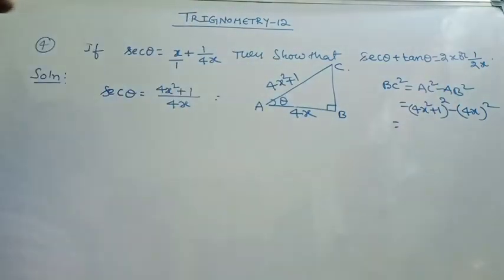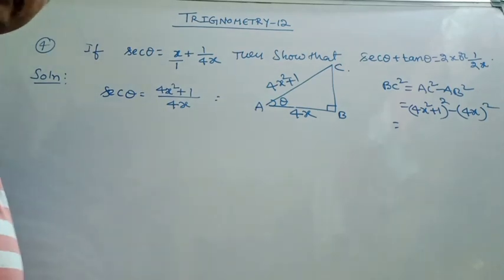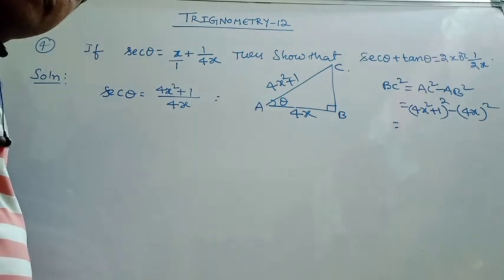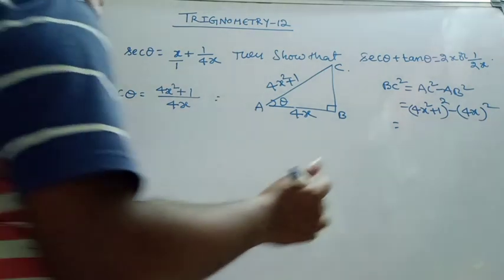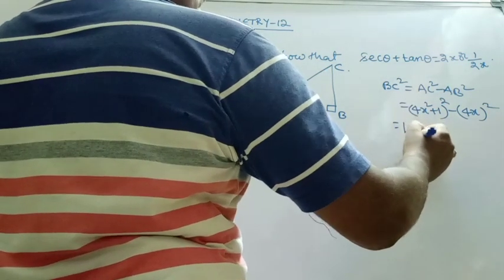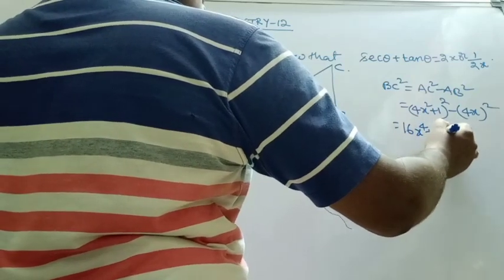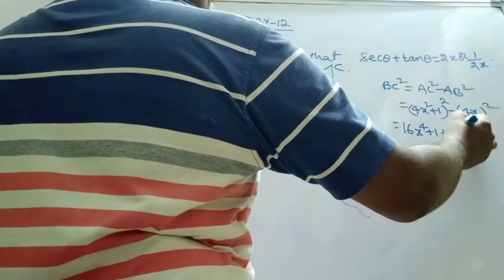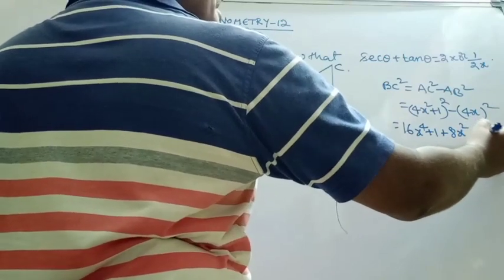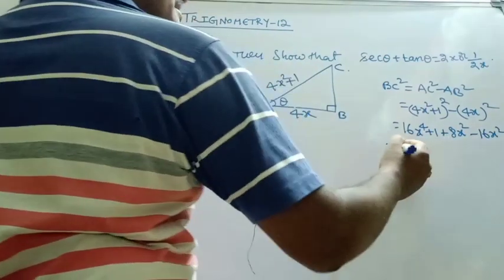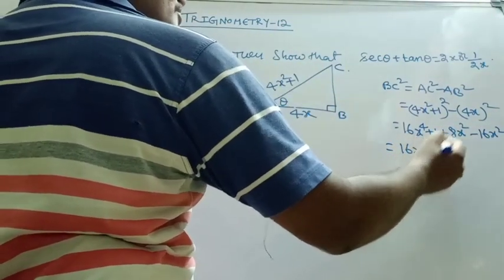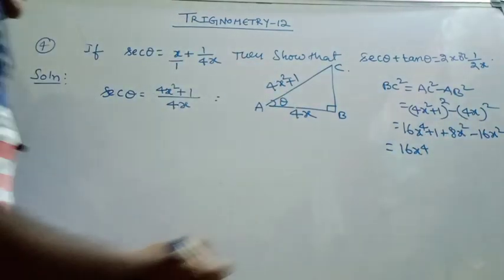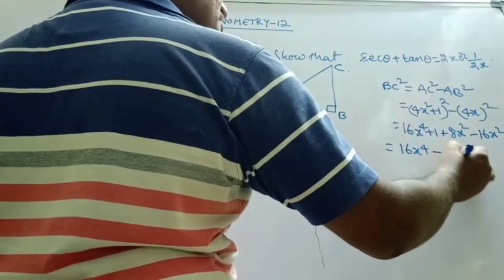And that is equal to, see my dear students, once you got this, this is now 16x power 4 plus 1 plus 8x square, a plus b whole square, minus 16x square. And this is of course 16x power 4, 8x square minus 16x square, that is minus 8x square plus 1.